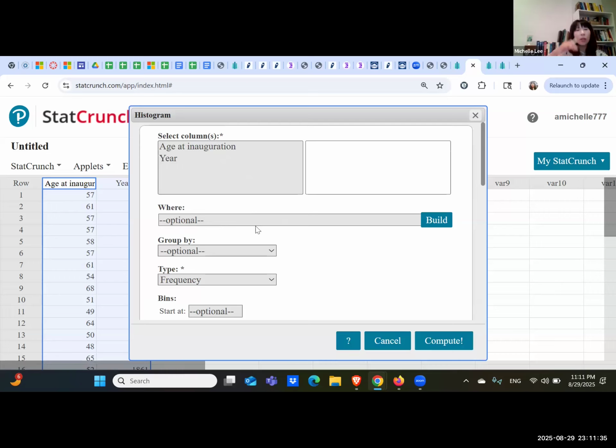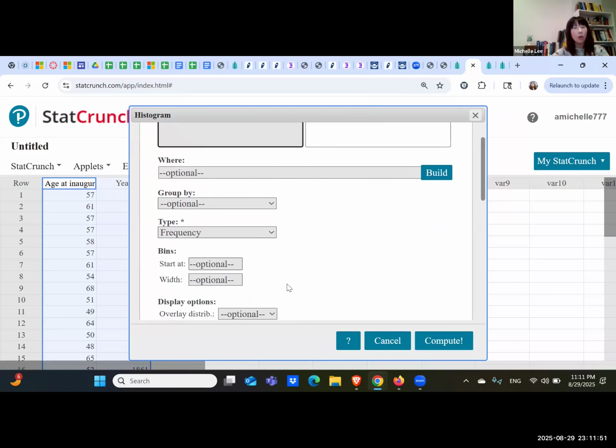Now we click age, right? Because we want to make classes, and we have a frequency there. The first class starts at 40, remember? So we make a 40, and the width.